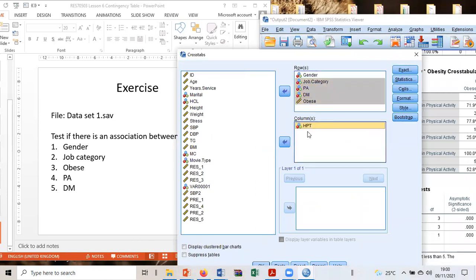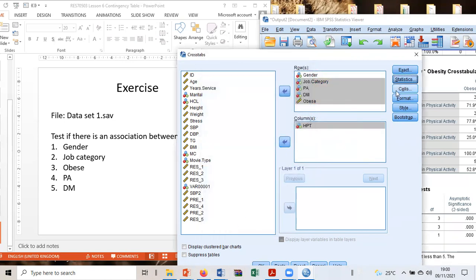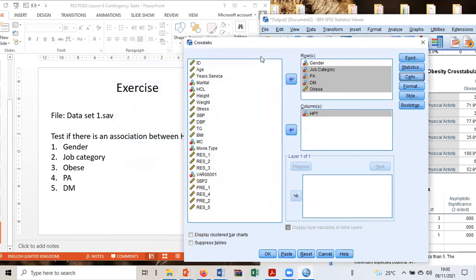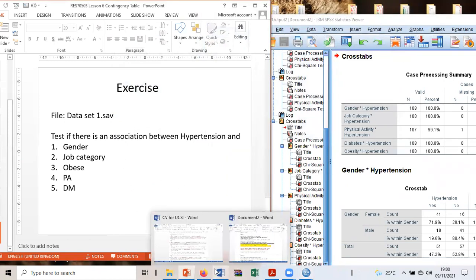That's your outcome variable, hypertension, the factors associated with hypertension. Statistics, chi-square is there. Cells, row percentage. Continue and click OK. I'll show you how to present the results.